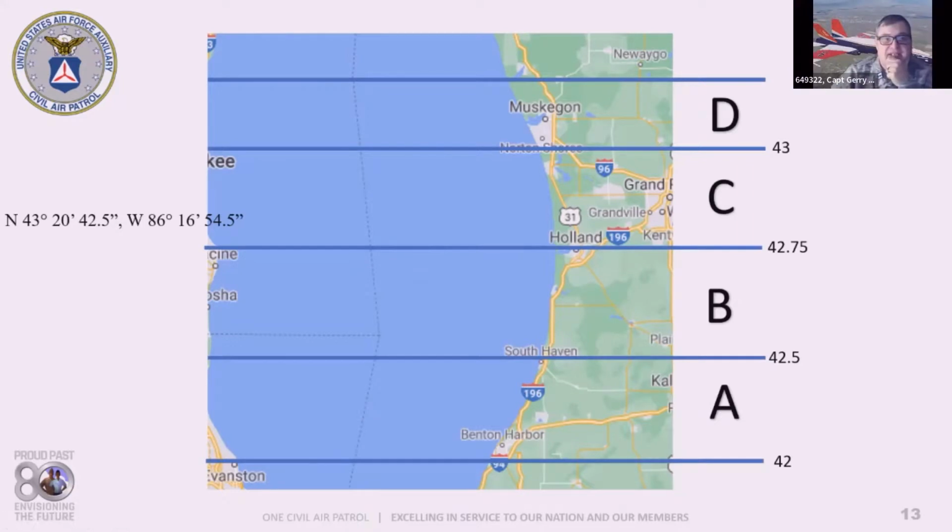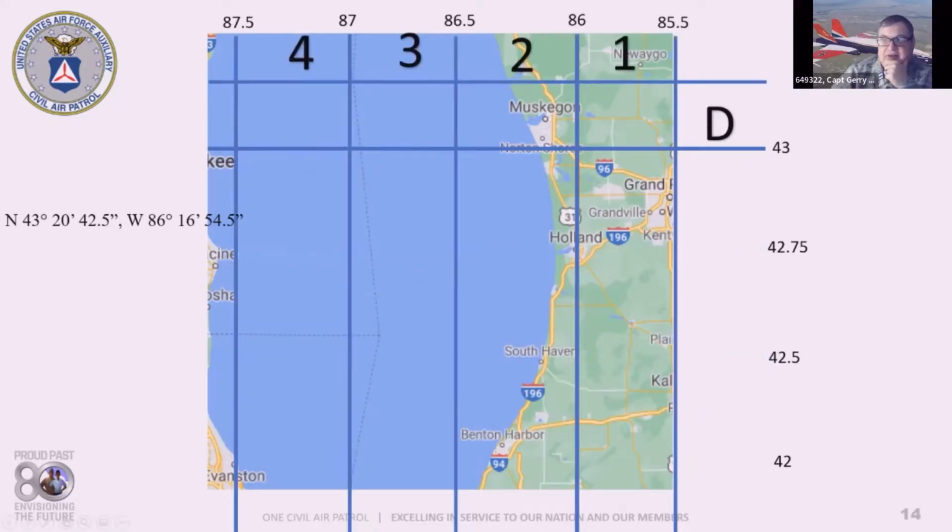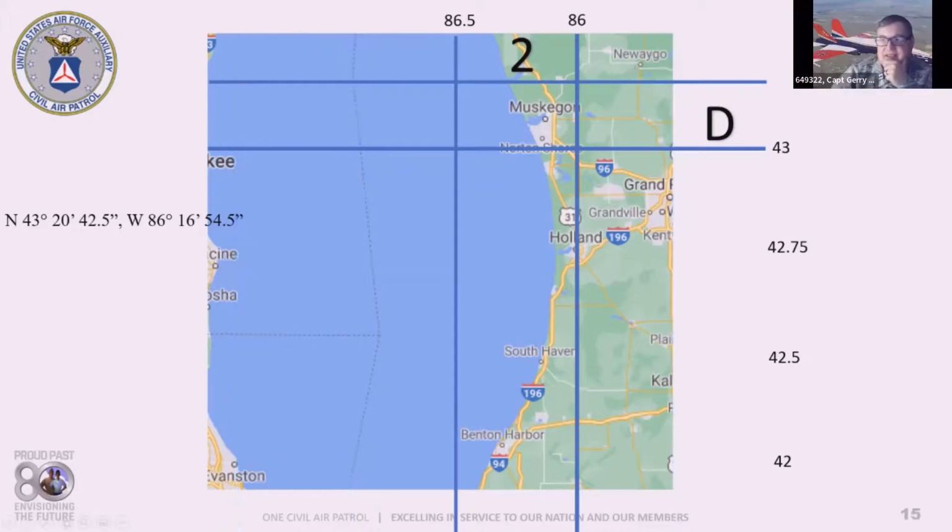Everybody agree with Delta? Yes. All right, perfect. Now we're looking for 86 degrees, 16 minutes. Grid 2. Exactly, it'd be 2. All right, so we now know that our location is somewhere in this grid.